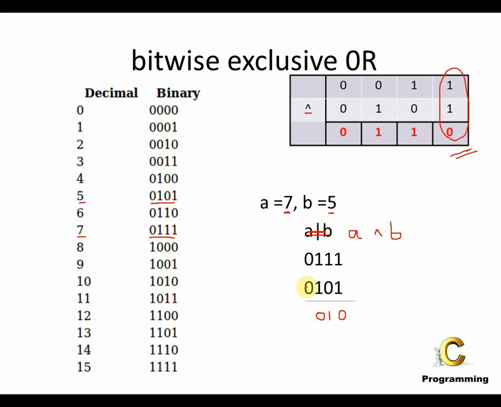And 0 exclusive OR 0 is 0. So this is the binary answer, result. Let's convert into decimal. So this is the representation of decimal 2. So the answer in decimal is 2. So this was bitwise exclusive OR.